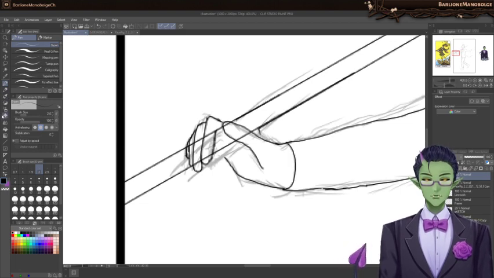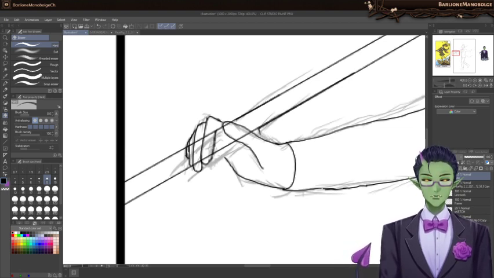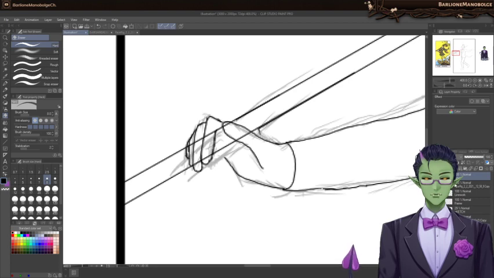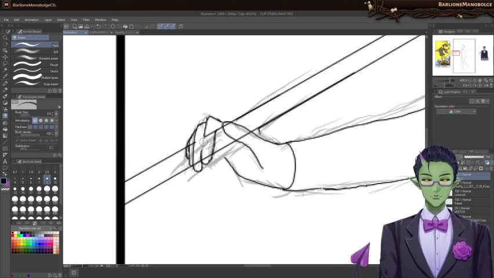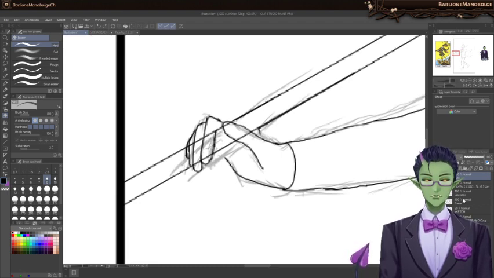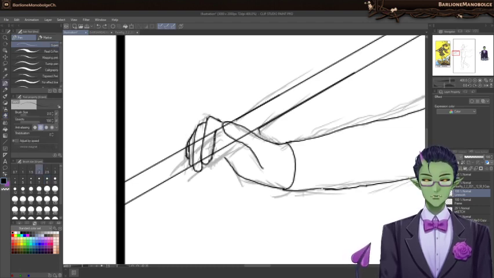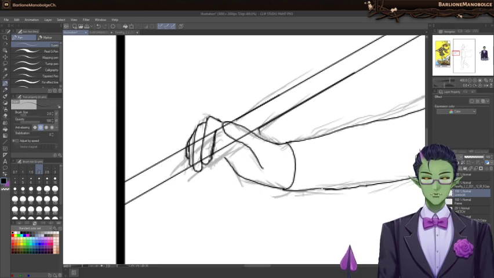That's the middle finger. It should be longer. Okay. Now if I get rid of the... Oh no. Everything's on the wrong way. Alright. Suppose I'll just erase my own artwork.